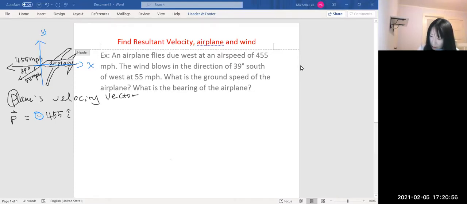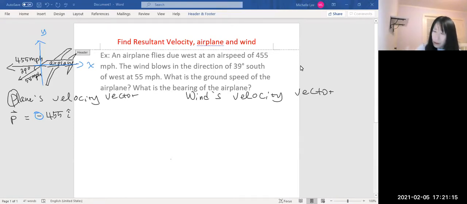I want to save space, so I'm going to write the wind velocity vector here.